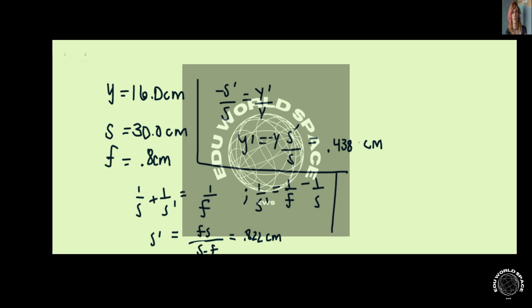And so is it inverted? Magnification is negative s prime over s, and s and s prime are both positive, and therefore the magnification is negative, and therefore it's inverted. So I'll go ahead and write that down. So it's inverted.